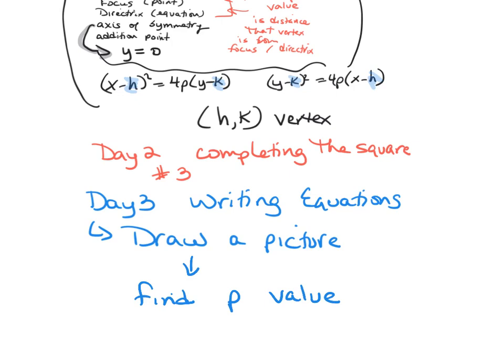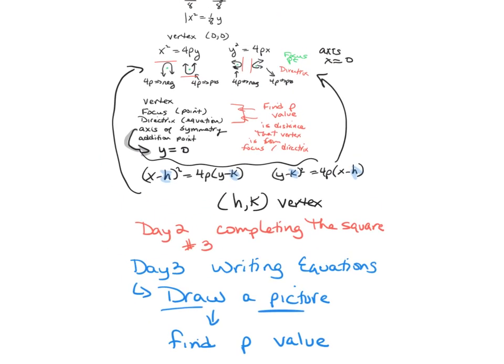So again, drawing a picture, graphing the points or the equation, if it's a directrix, will give you a visual and it'll help you figure out which one of these you're going to be using, depending on which way it opens. So again, you can review those day 3 notes. Now for day 10-2.